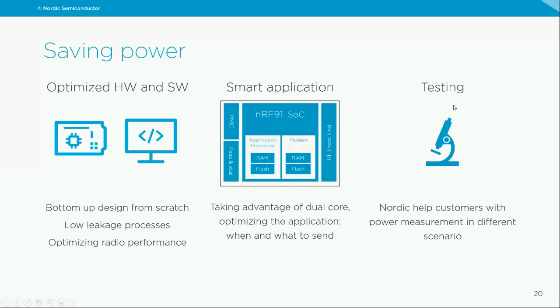This can be scenarios such as when conditions are really bad, so you need high output power and a lot of repetitions, to understand how many of those incidents you can have before it really starts impacting the total battery life of your application.